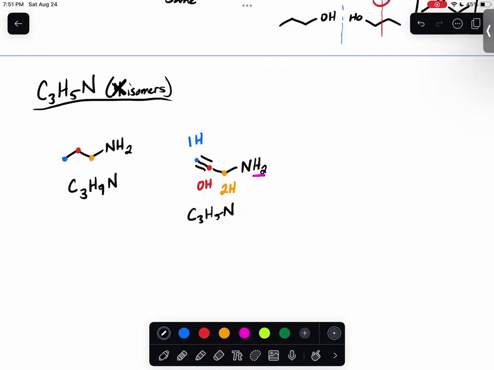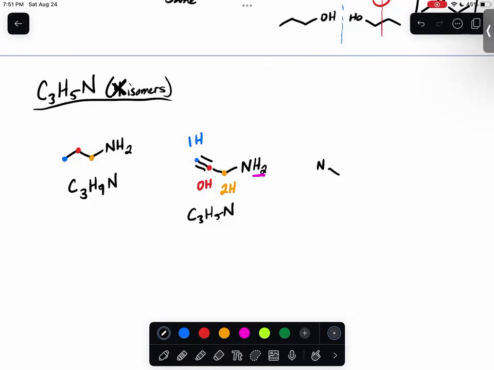We can ask ourselves, well, just like beforehand, when we were moving around that oxygen, what if we connected the nitrogen differently? So we can't put it on the red carbon because the red carbon already has four bonds, but the blue carbon, we could put it there, right? And if we do so, it does end up giving us what we want.